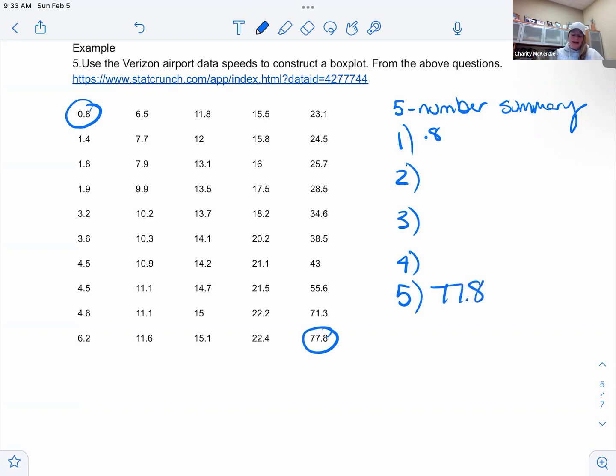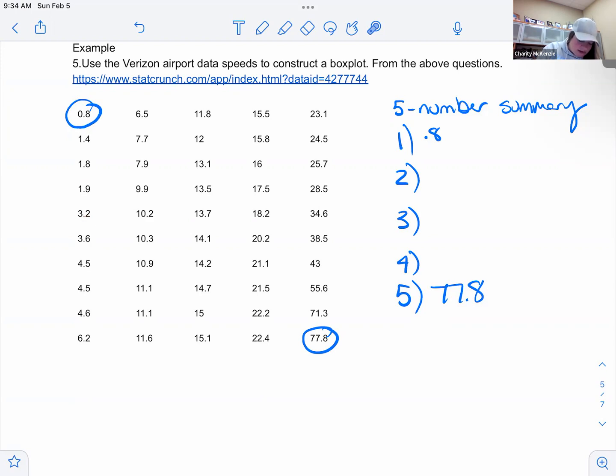Okay, then how am I going to get the other ones? I'm going to find the median. A medium would be a person that talks to the dead for you. Not quite the same. Okay, 1, 2, 3, 4, 5, 6, 7. Okay, I suddenly was like, is this not in order?